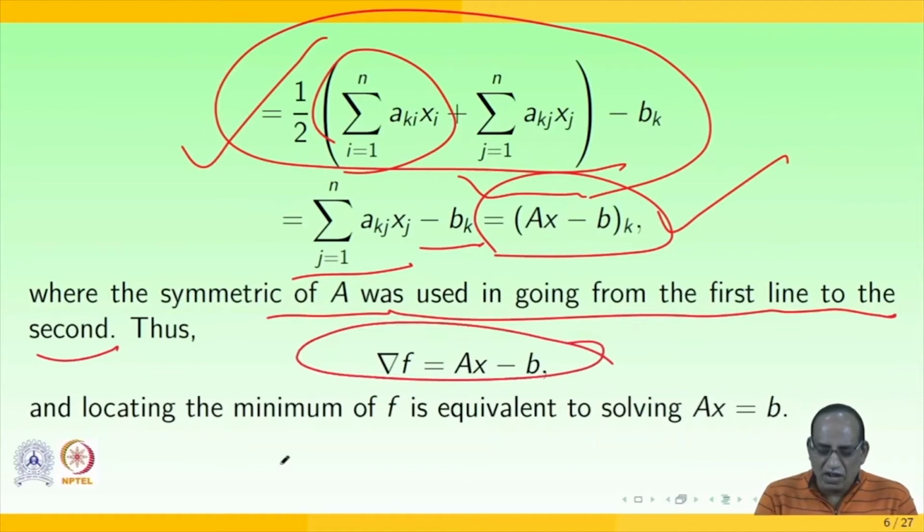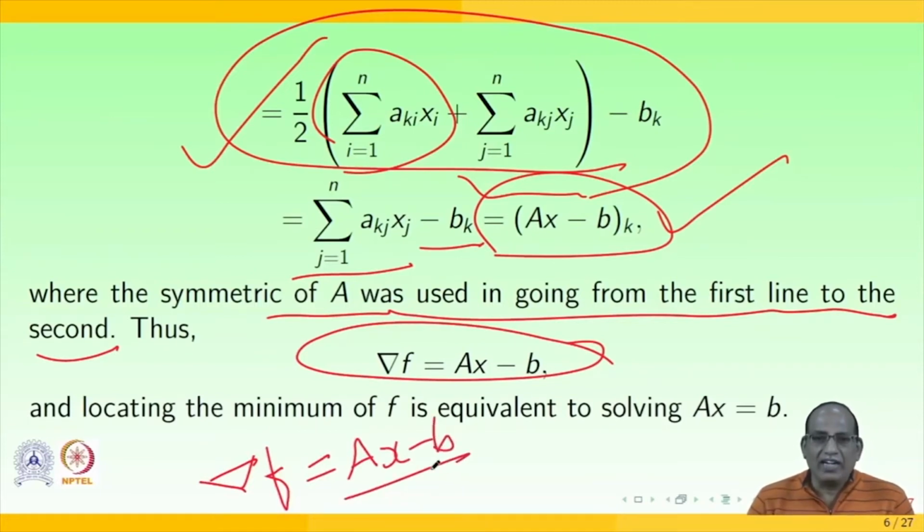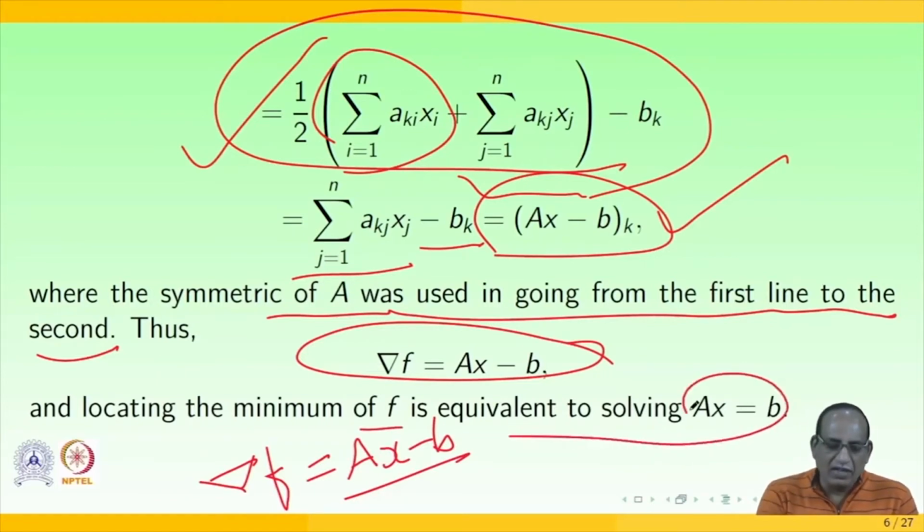Therefore, del of F will be equivalent to Ax minus b, and locating the minimum of F is equivalent to solving Ax equal to b.